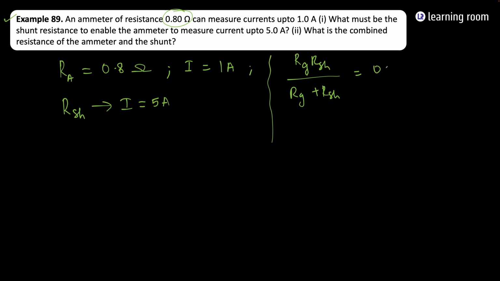How much is this value? It is 0.8. Similarly, this I is there, no. So what is the formula for R shunt? It is equal to Ig into Rg divided by I minus Ig. Right, here none of the values are known to us, right? So if this value has to increase to 5 ampere, then how much is the shunt resistance we need to connect?